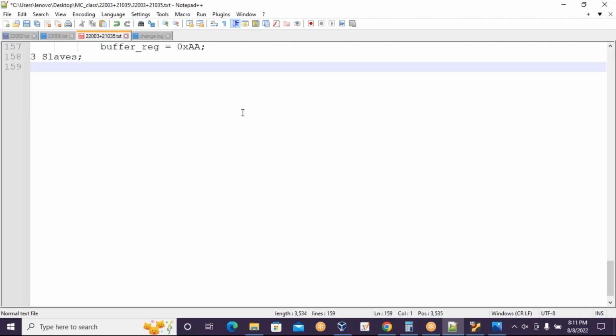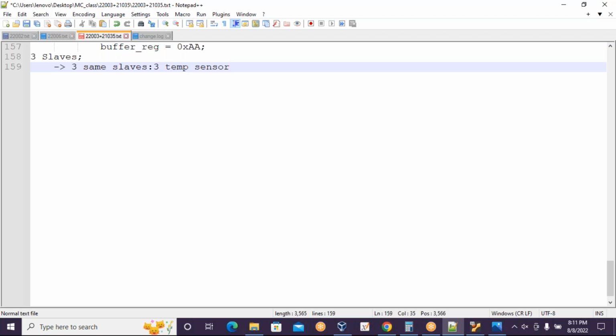In that case, the first scenario is you have got 3 same slaves. Let's say I'm going with 3 temperature sensors. So assume you have got some gaming laptop, and first of all, to generally monitor the temperature of the motherboard, there will be one temperature sensor.